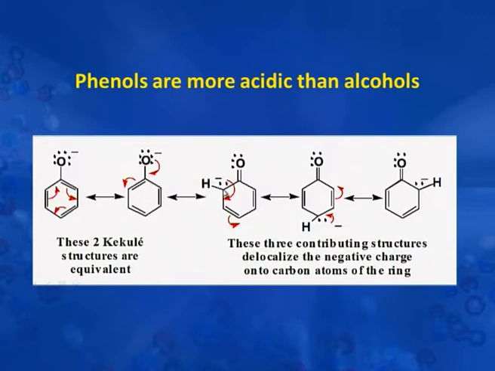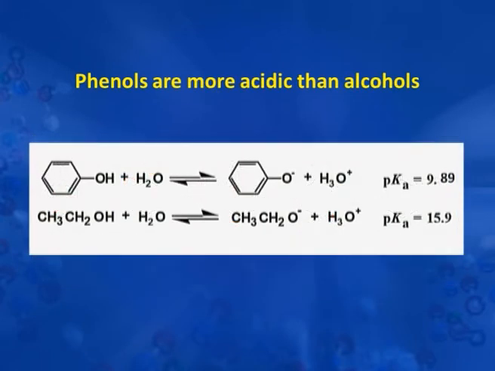As a result, a negative charge is distributed all along the ring, and that is why it is stabilized much more as compared to the alkoxide ion, which is produced in case of alcohol. So, in other words we can say that alcohols are less acidic because the alkoxide ion produced after the dissociation of the OH bond is less stabilized as compared to the phenoxide ion produced after the dissociation of OH in phenol.